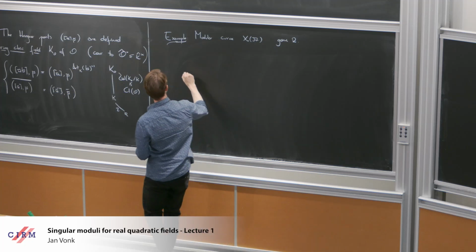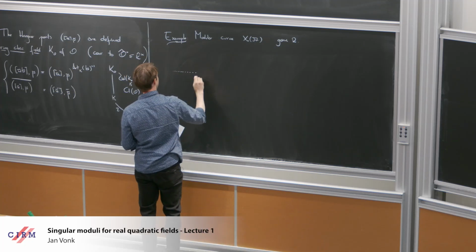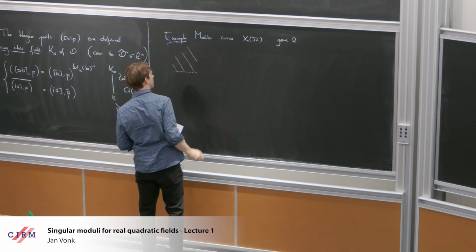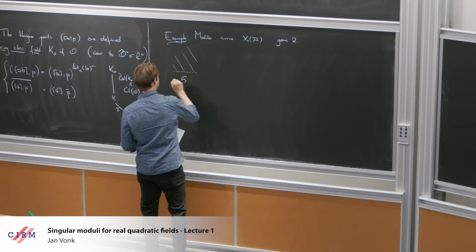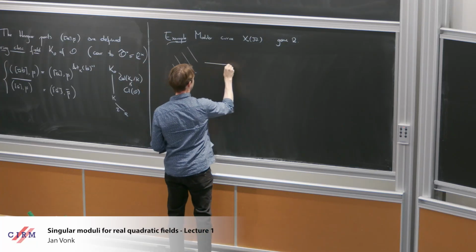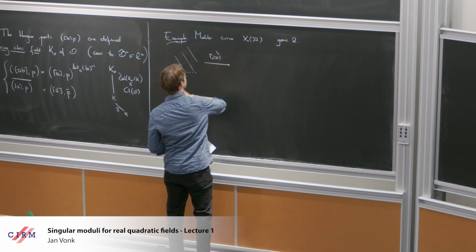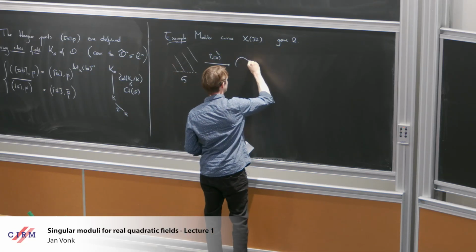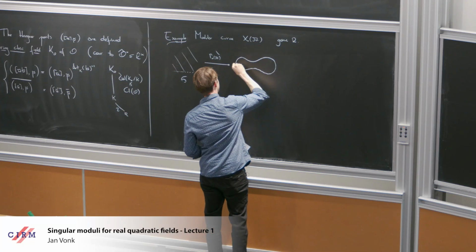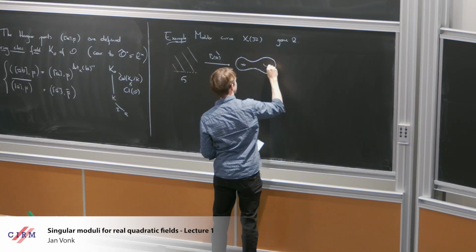And so the situation can be visualized as follows. So we have our usual upper half plane, H, like before. And then we have a map where we quotient out by Gamma 0 of 37 to obtain this genus 2 curve, or at least its affine part, unless I extend the upper half plane.